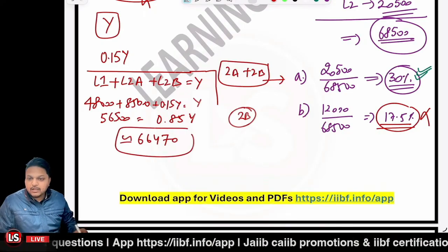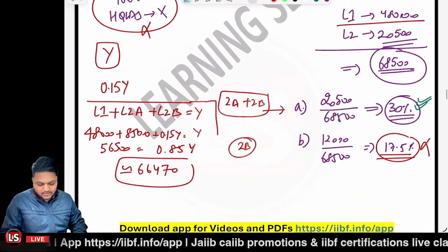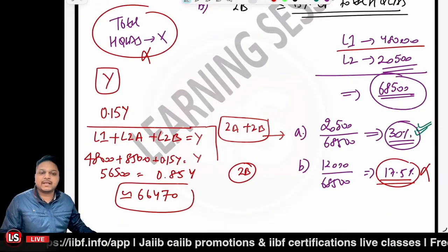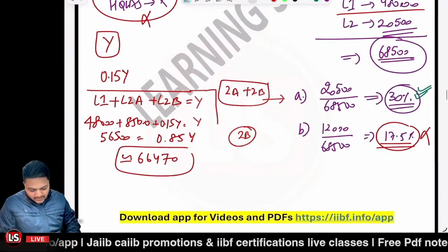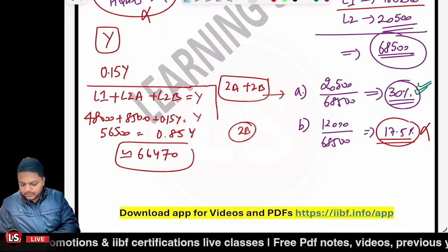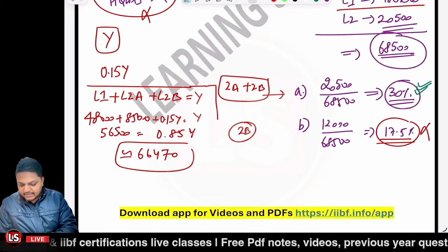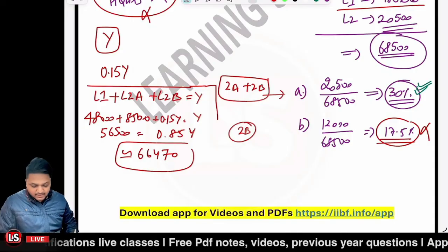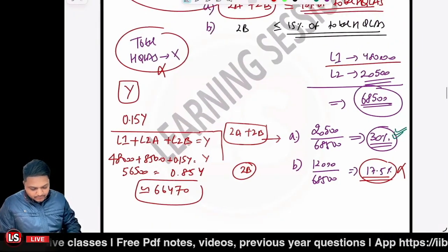This is the total HQLA level. And level 2B assets would be equal to 15% of this. So 66,470 multiplied by 15% is 9,970.